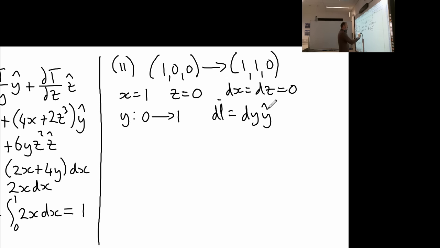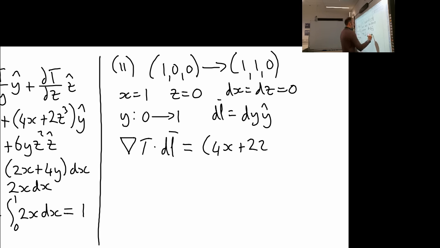So now I must take the dot product, and when we take the dot product, what results is (4x plus 2z cubed) dy.